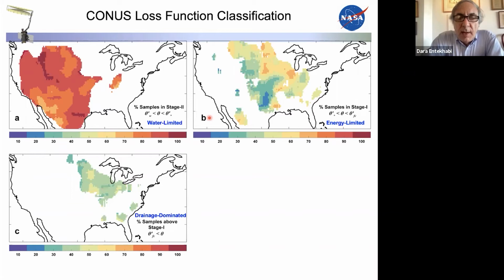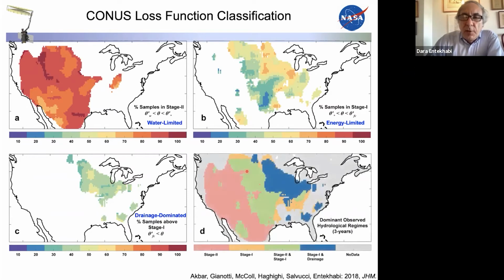And now we have to ask our models, do they show the same transitions between hydrologic regimes as observations indicate? And also, if we classify which of these regimes are present or co-present during dry downs, we get an average climatological map like this.